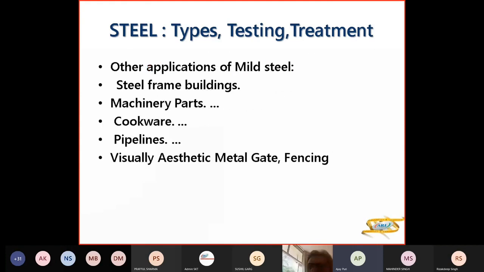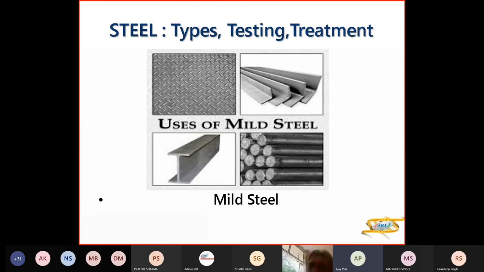Your other applications will be steel frame buildings, scaffoldings, machinery parts, cookware, pipelines, fencing, and metal gates, all made of MS steel or mild steel. Your floors in the pump room or in the engine room are made of mild steel.